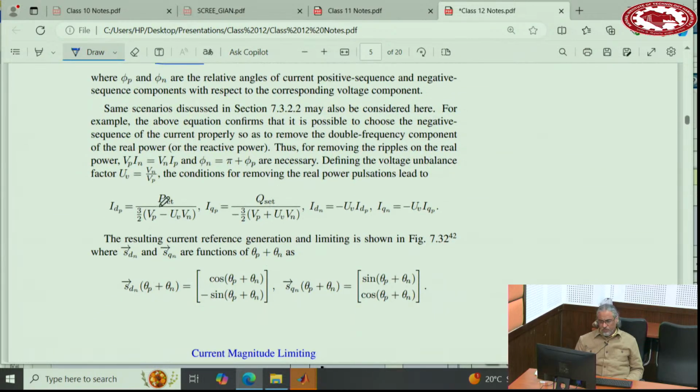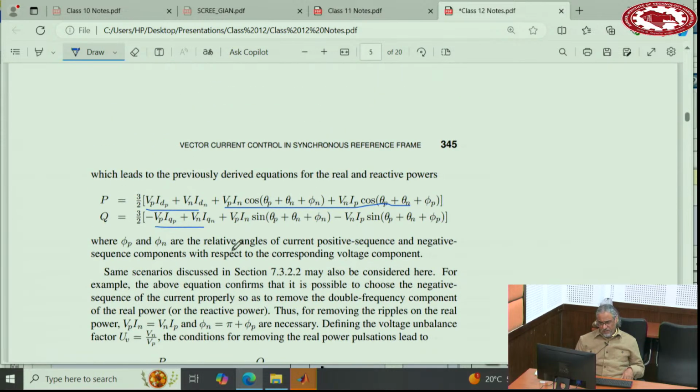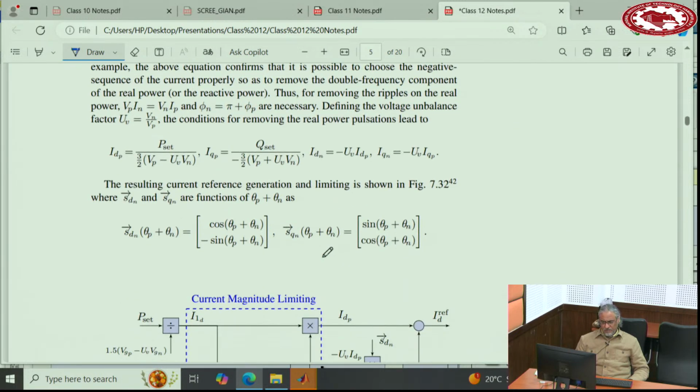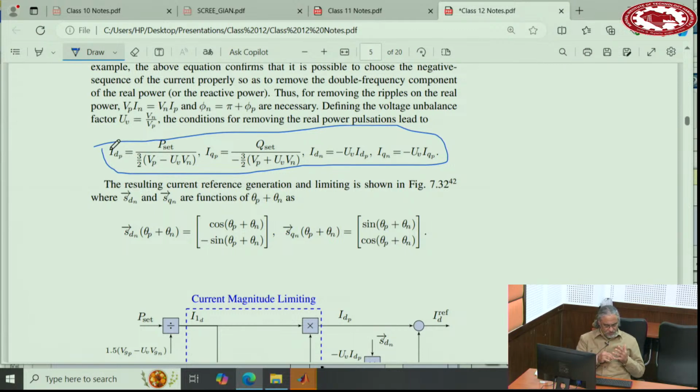So the study I have done here, just to keep it simple, is the case where we want to remove the pulsations of the real power. So for removing the pulsations of the real power, these are the conditions: to achieve the set point of the real power, to achieve the set point of the reactive power, and to remove the pulsations of the real power.